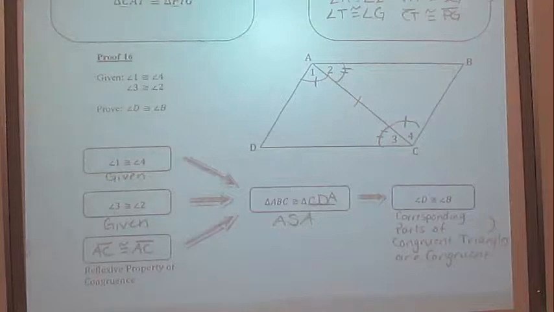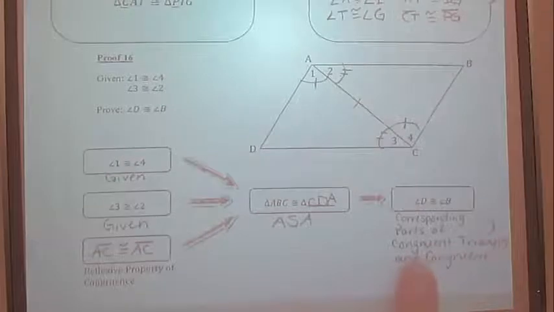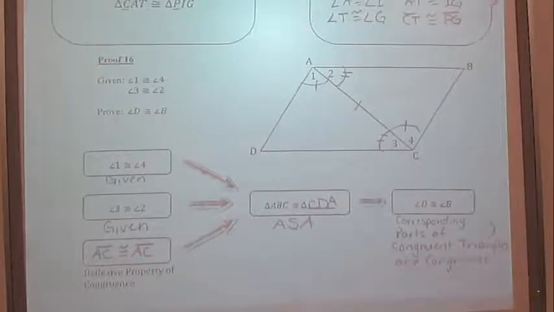And yes, I want you to be writing that all out for now. Notice, I did not write out angle, side, angle because we've had enough practice with that you should be able to remember that that's what that stands for. So until we get used to what these words mean, corresponding parts of congruent triangles are congruent, we're not going to use an abbreviation just yet.